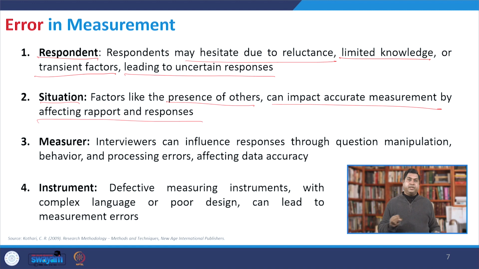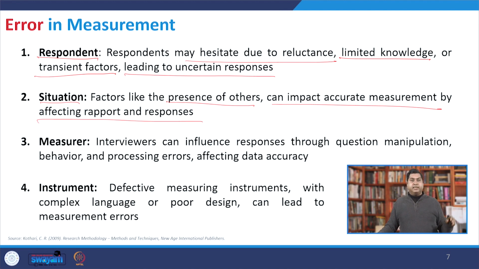The surveyor will ask the question and the response will be recorded by the surveyor. In such cases there might be bias, where the surveyor creates some sort of inclination, or the surveyor pushes the respondent to give certain obvious results, or something like that.